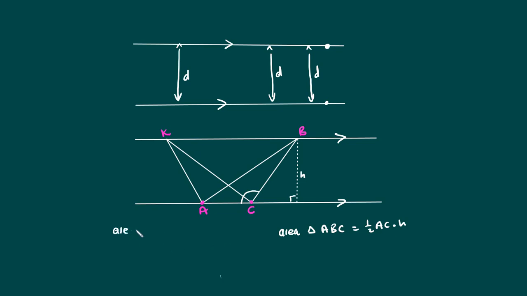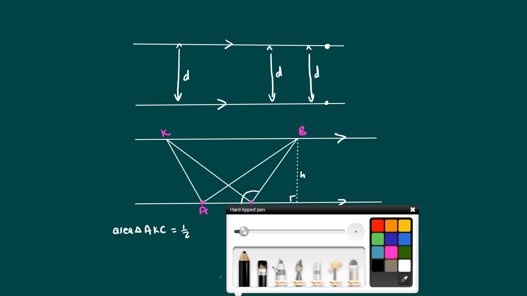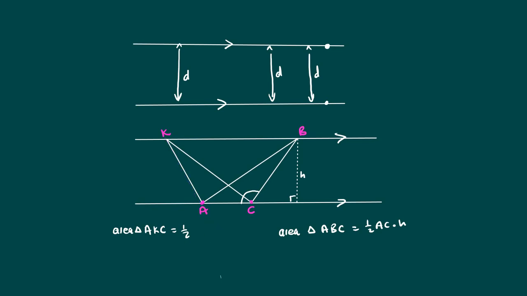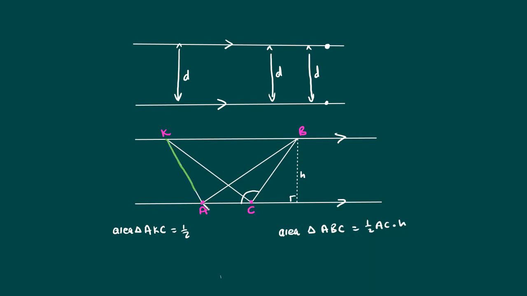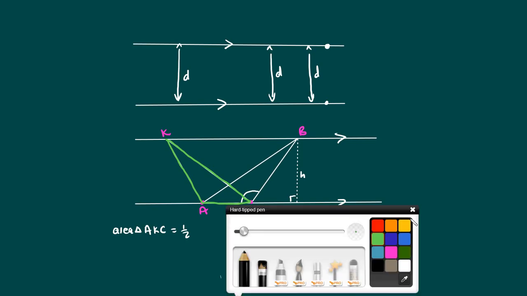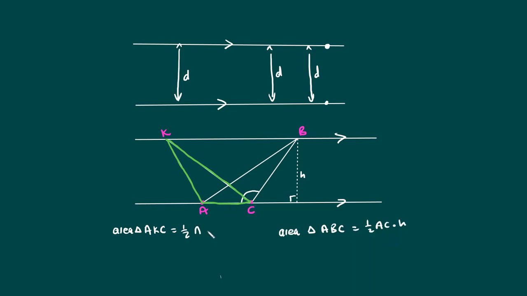And then let's talk about the area of triangle AKC. That will be half of the base. The base is still going to be AC. Now I'm looking at this triangle, KAC. Okay, sorry, this thing can't highlight. So the base of that triangle is also going to be AC.